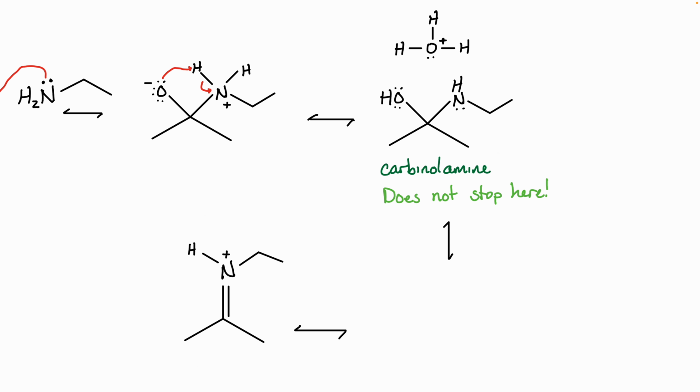Trying to get rid of that hydroxyl group, but it's a bad leaving group. How do we turn it into a better leaving group? By protonating it.